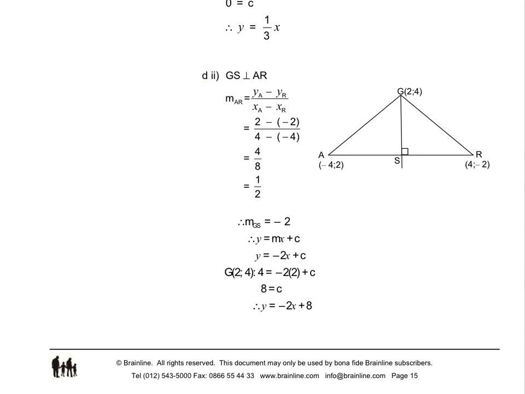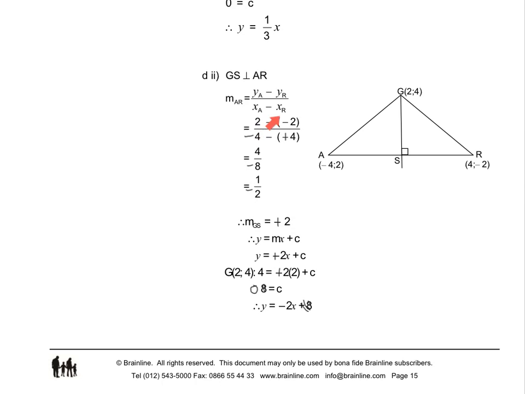Then for D2, GS is perpendicular to AR, so we can first work out the gradient of AR by taking the difference in y values over the difference in x values. So now if we take the difference in y values, we will have 2 minus the minus 2 over the difference in x values, minus 4 minus another 4.